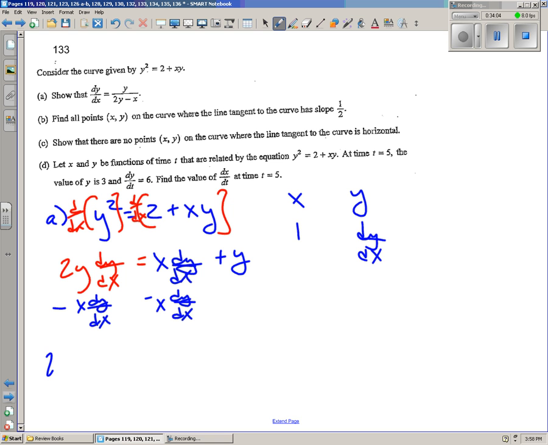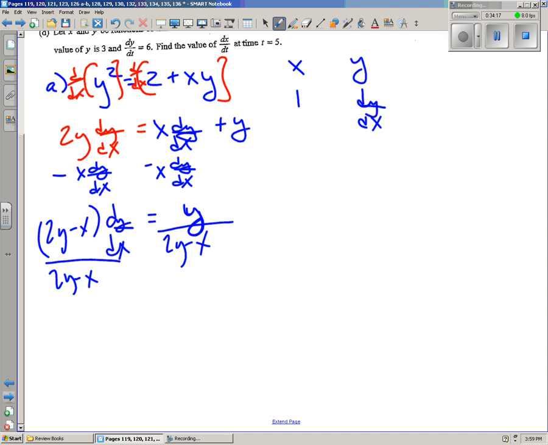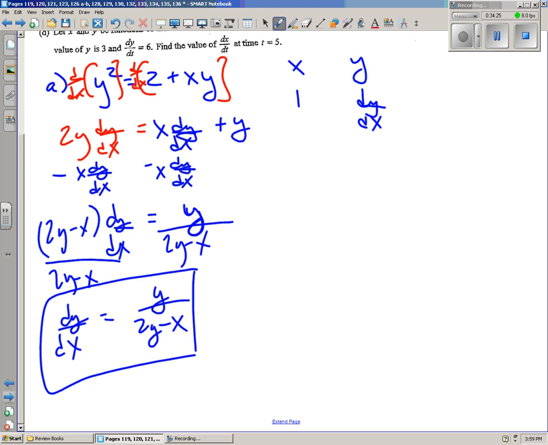And now I could factor out: 2y minus x times dy over dx equals y. Divide by 2y minus x. And so dy over dx equals y over 2y minus x. Should be a piece of cake.